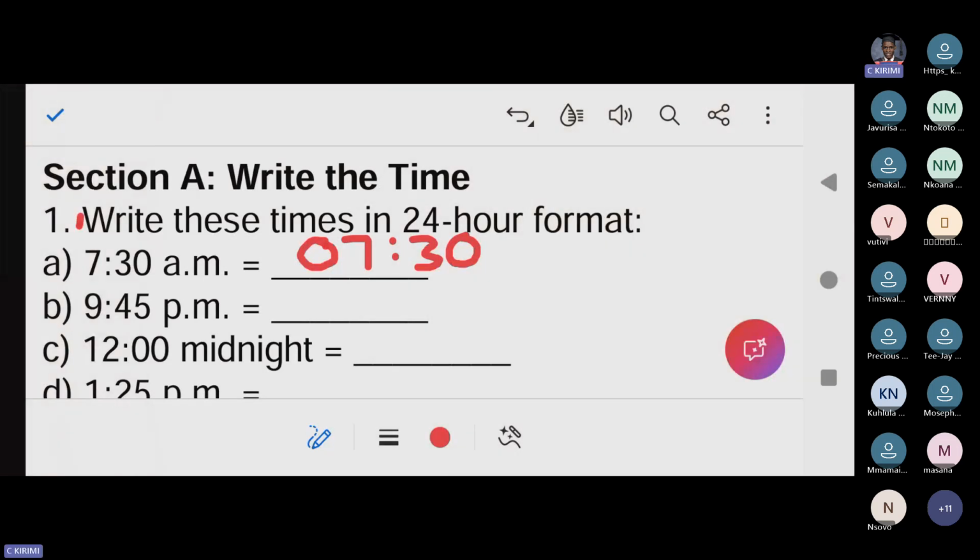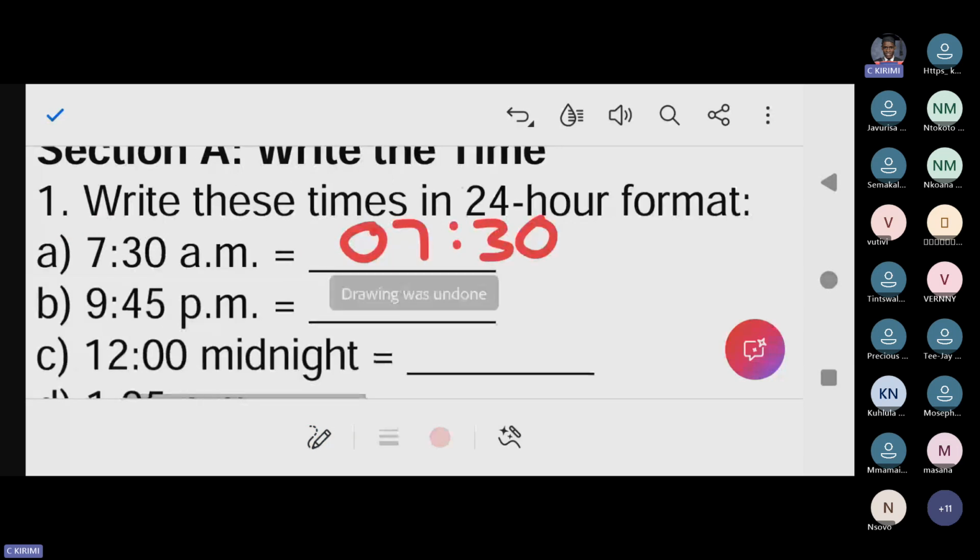But for the 12-hour clock, you can see there is no difference between the 24-hour and the 12-hour. If you are given 9:45 p.m., it's p.m., we are talking of night, 9 hours 45 minutes past noon.